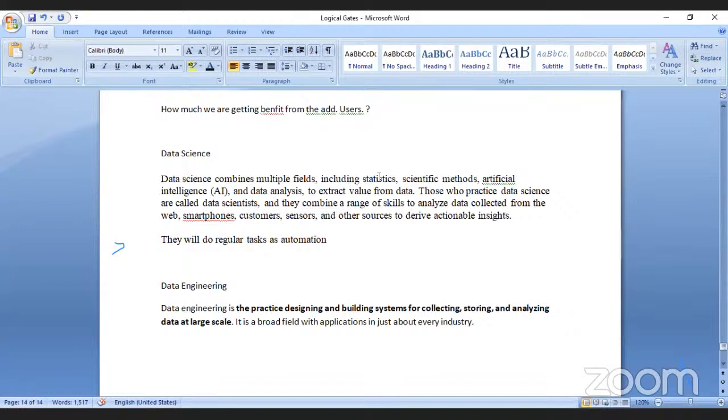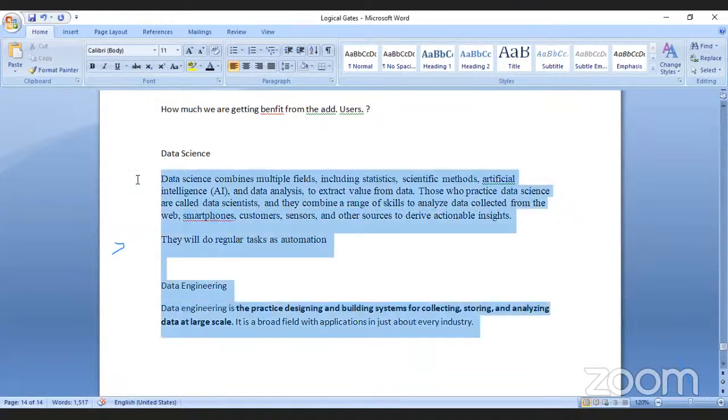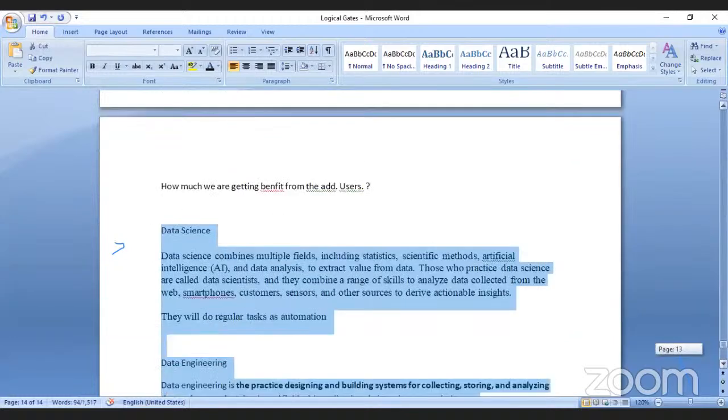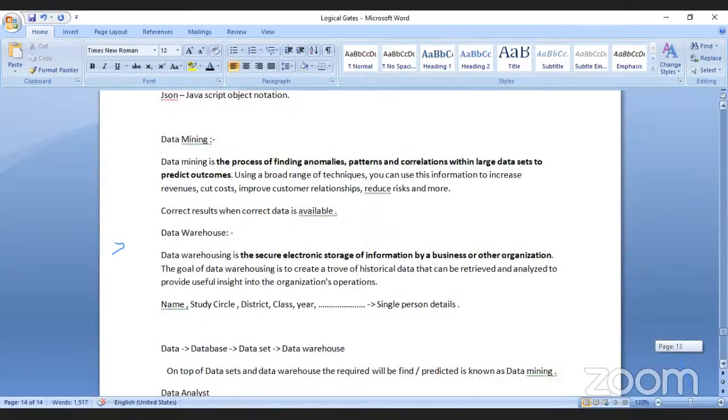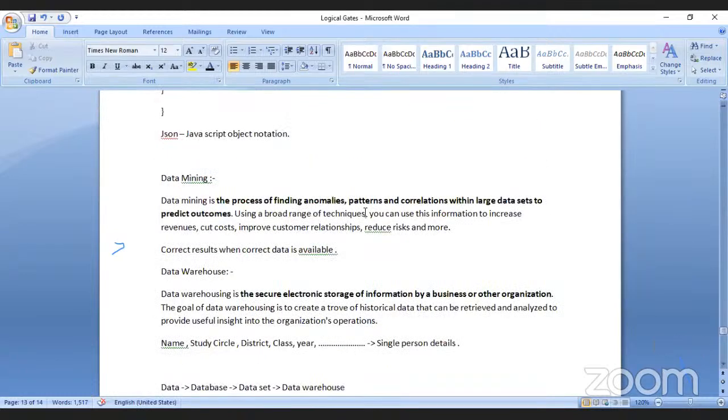These are information about database, data warehouse and data mining. Even if you are not able to understand these things, not an issue. What is data mining? Data mining is the process of finding anomalies, patterns and correlations within large data sets.